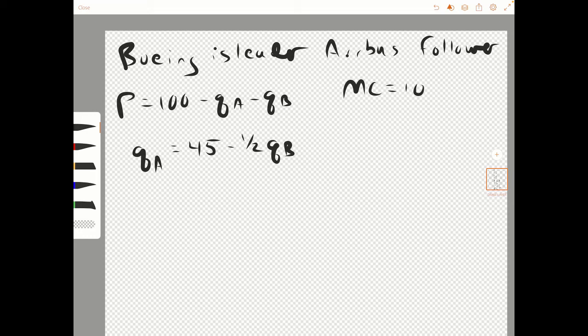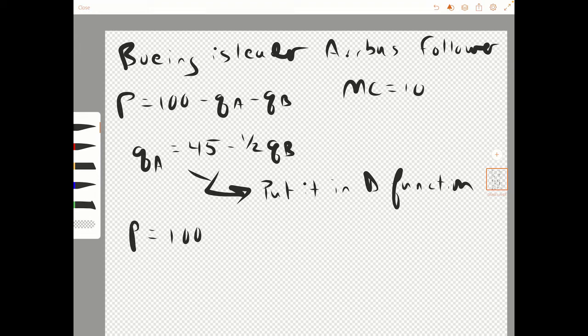Instead of inserting the reaction function of Boeing into this equation, we're going to insert the reaction function into the demand function. So take this and put it in the demand function. And then we'll solve. So let's do that.